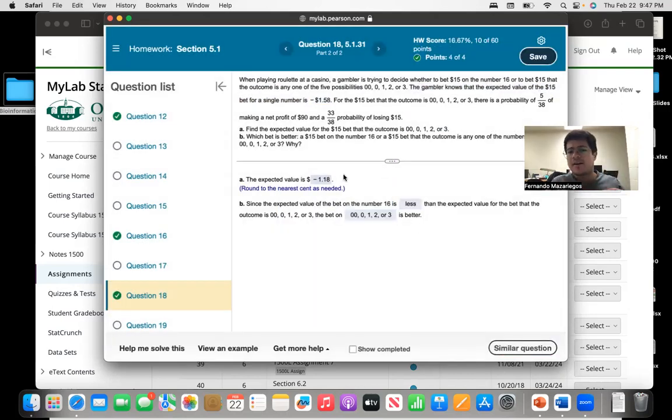And remember, these are negative numbers, so if we just compare 1.58 and 1.18, 1.58 is greater, but these are negative. So it's kind of like the opposite. If you struggle with this, maybe you can draw a number line, find the two numbers, and whichever is to the right, most to the right, that is the greater number.